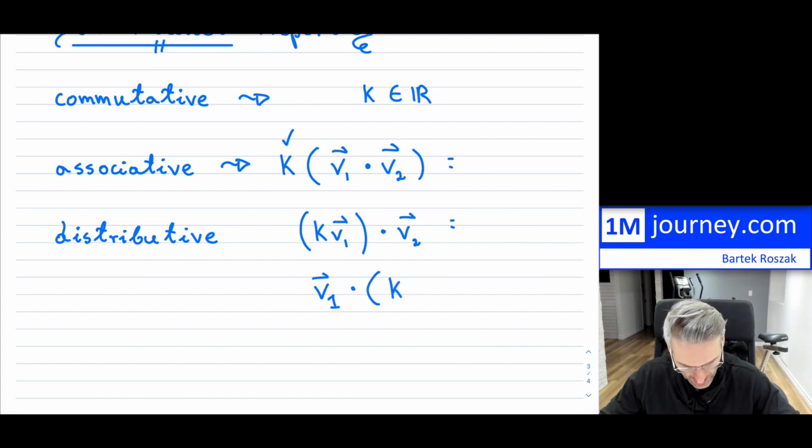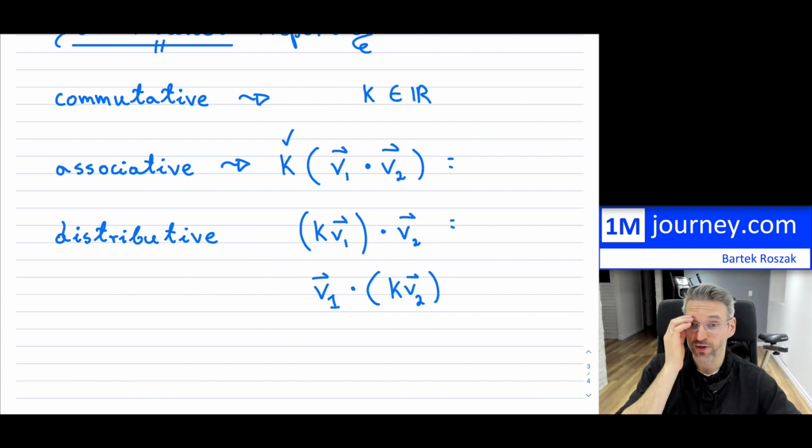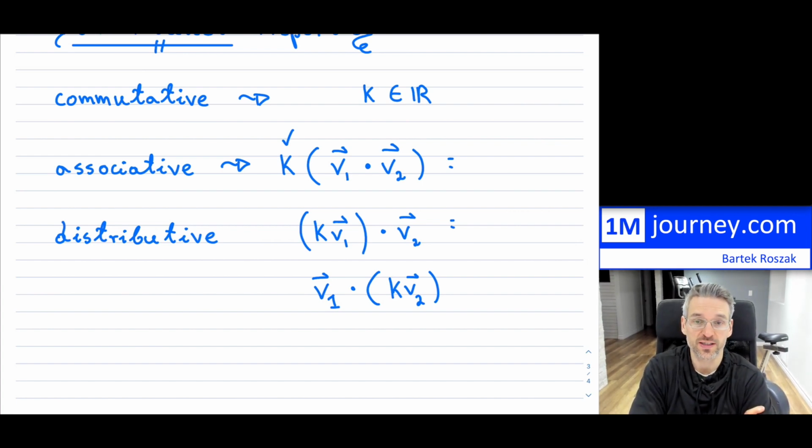So that association of my scalar value, just some number, you can do with either the first or the second, and all of these are equal. And again, you can certainly show this for yourself. You can take each component of vector 1 and vector 2, write them out, find the dot product, and then just scale it.